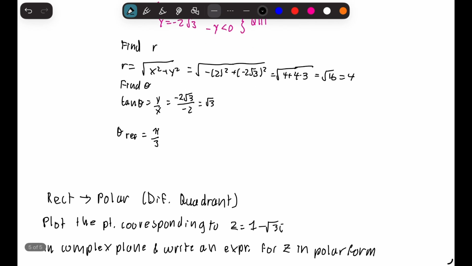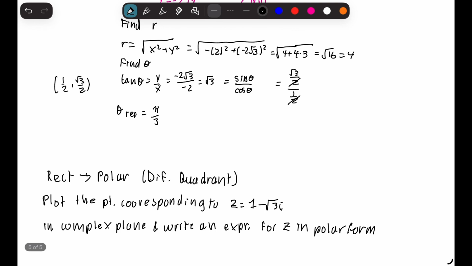We know that at pi over 3, tan is also equal to sine theta over cosine theta, and that is going to be root 3 over 2 over 1/2. So those canceled out.